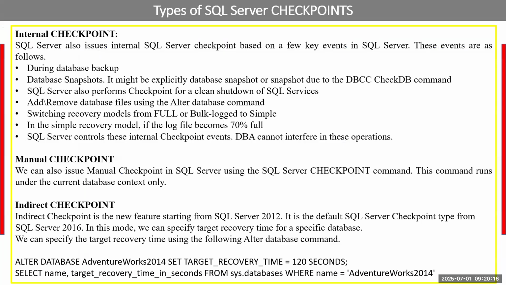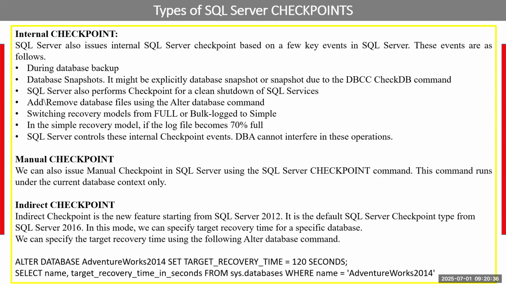Again, don't get confused. Checkpoint is a checkpoint only, but Microsoft came up with different strategies: one is automatic checkpoint, one is internal checkpoint, one is manual checkpoint, one is indirect checkpoint.